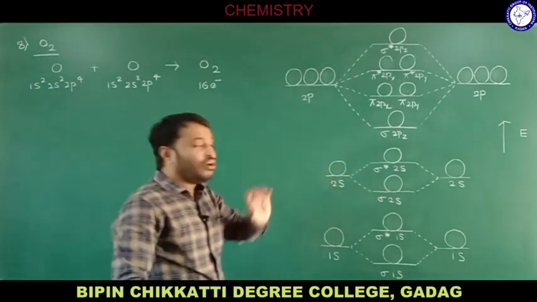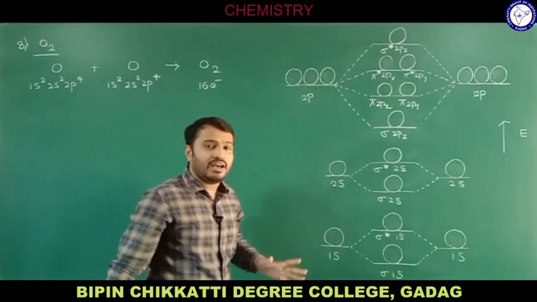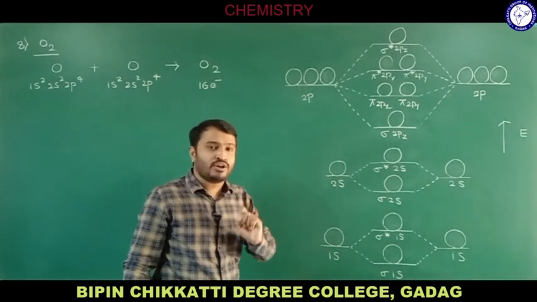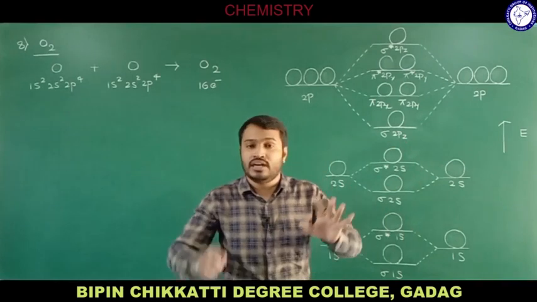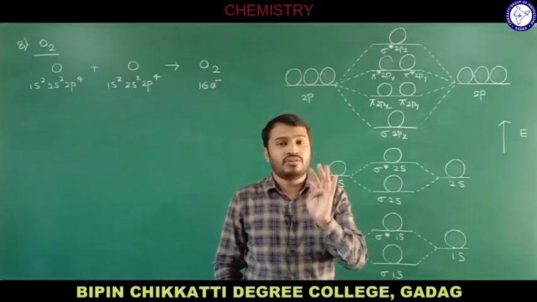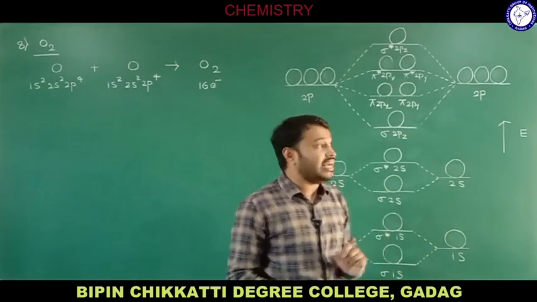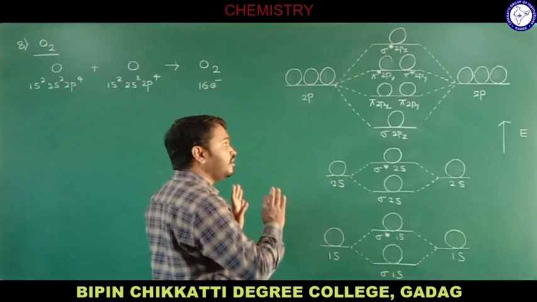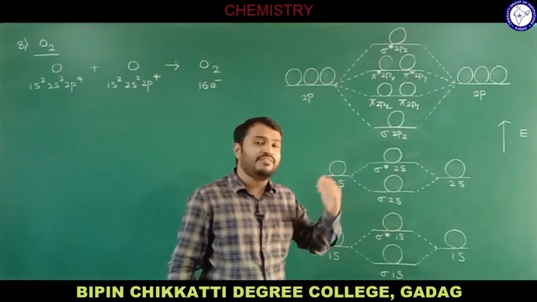One very important concept you need to remember, as I explained, in the general energy level of molecular orbital theory, we have to change the molecular orbitals. If you consider boron, carbon and nitrogen, they are lighter elements. In that case, the energy level will be in a different fashion, and for the elements after nitrogen, the energy level sequence will be different.